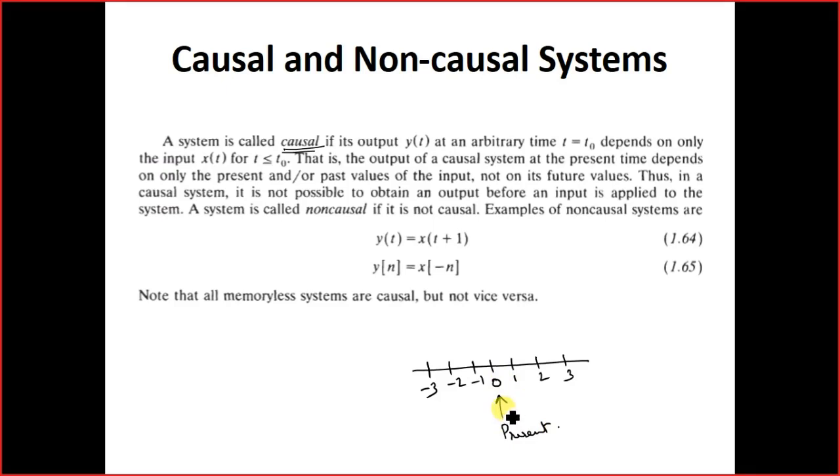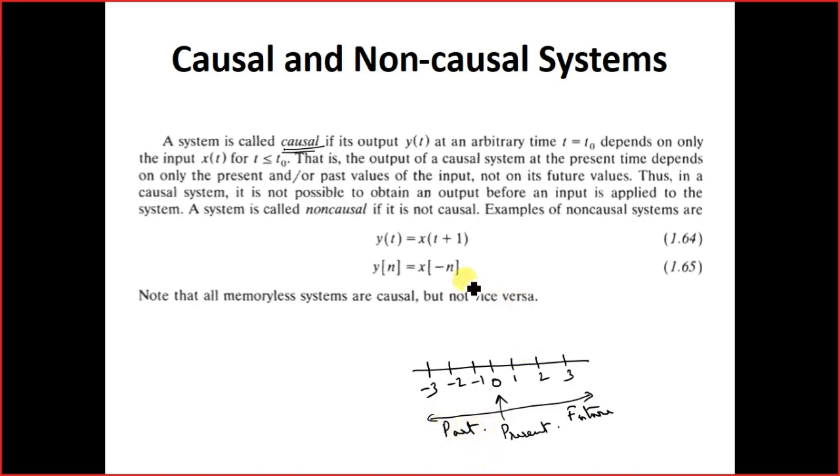Anything on the right hand side from this present instance is future values, and on the left hand side are the past values.